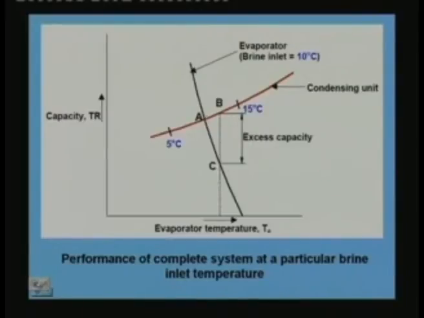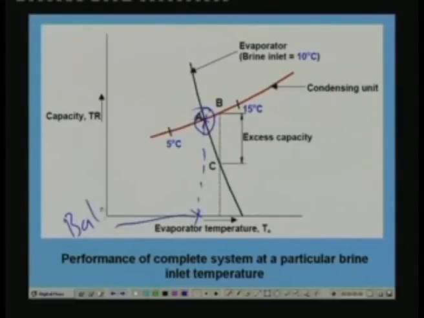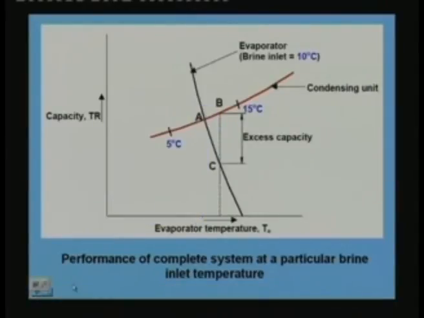And where these two curves intersect, that is this point, this will give the balance point for the entire system. At this point you will find that the evaporator temperature is this. So this is the balanced temperature of evaporator.